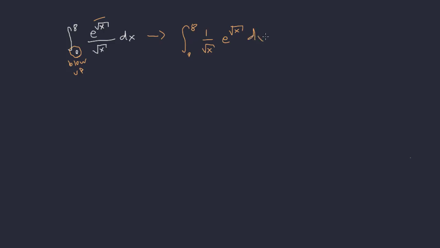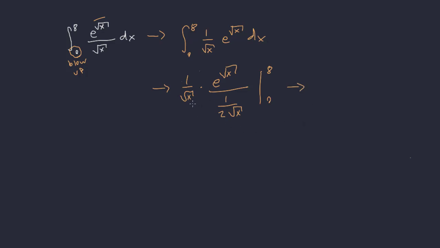I'll leave this x thing alone. I'll do the normal integral like I usually would, so e to the stuff, its integral is itself, and then we need to divide by the derivative of the stuff. The derivative of square root of x is 1 over 2 square root x. Then we'll evaluate this from 0 to 8.